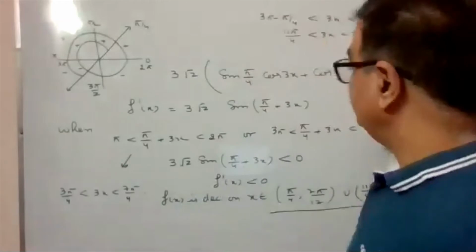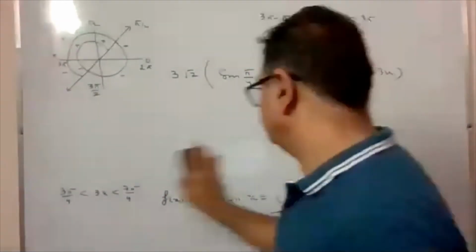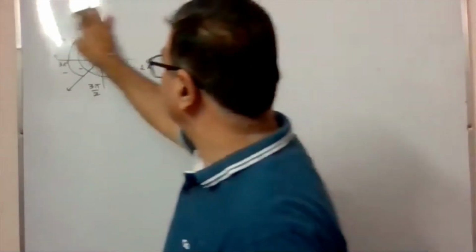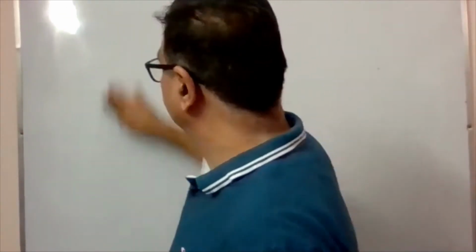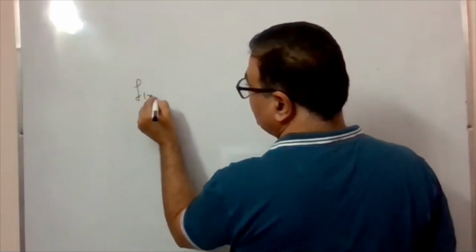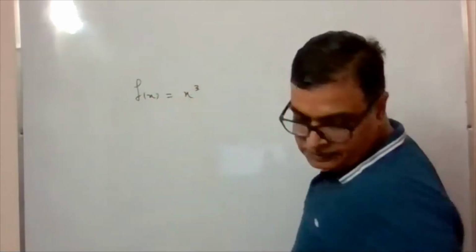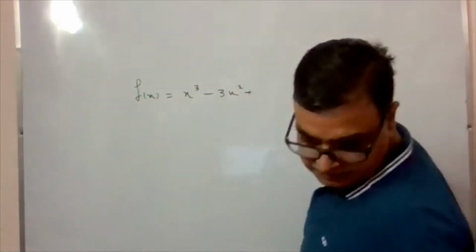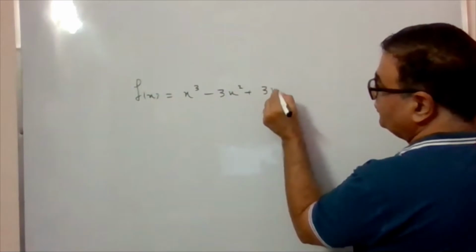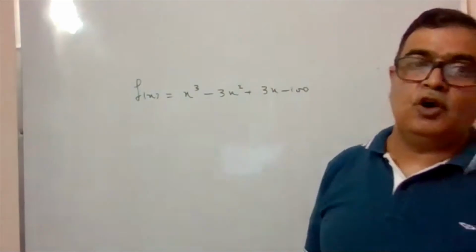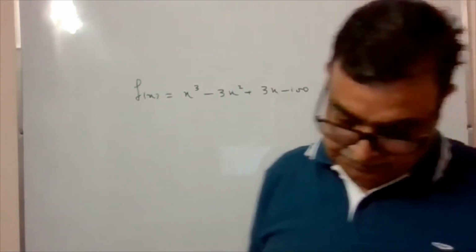Prove that the function fx is equal to x cube minus 3x square plus 3x minus 100 is increasing for all real numbers.